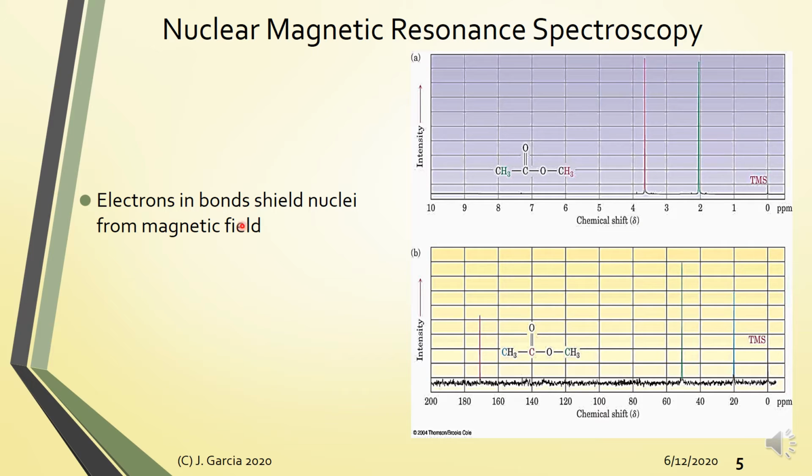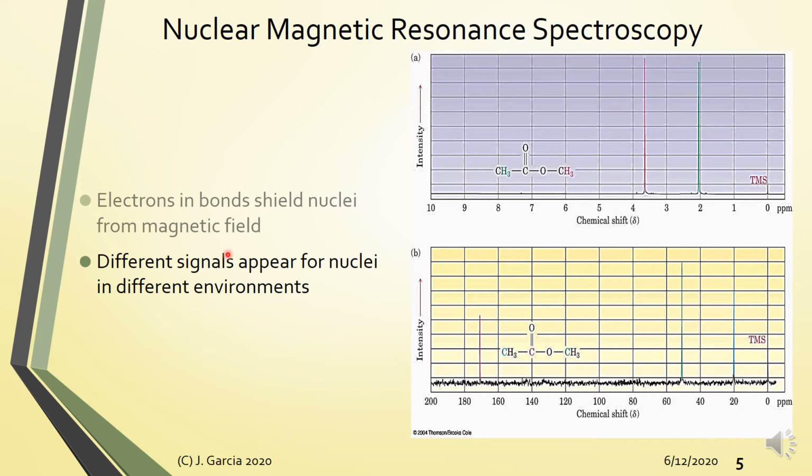These electrons in the bonds actually shield your nuclei from the effects of the magnetic field. So when they are shielded, it is more difficult for your nuclei to be affected by radio frequencies, and hence yung magnetic field din.